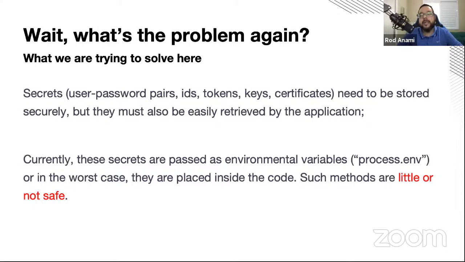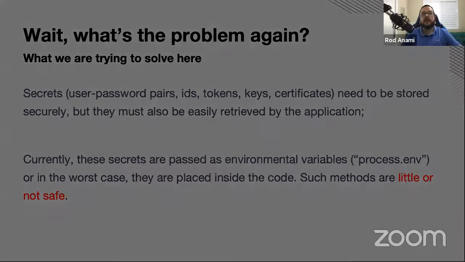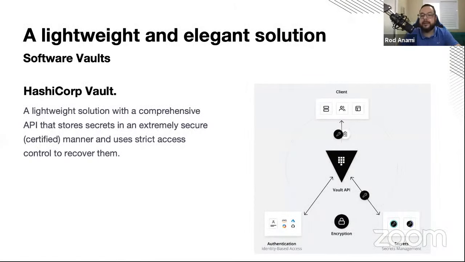So how can we store and retrieve secrets for our application safely and do that through a program or software code or an app, right? One very interesting solution is to use software vaults. It is a lightweight solution.